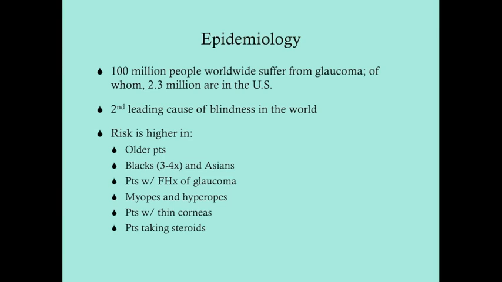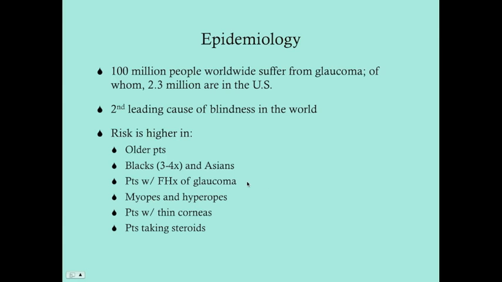This is the second leading cause of blindness in the world. What is the number one cause of blindness in the world? It is cataracts. So this is a very significant cause of blindness in the world, along with age-related macular degeneration and some other processes. Okay, so the risk is higher, of course, in older patients.